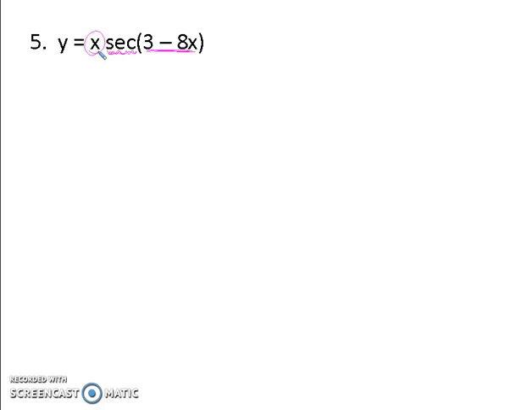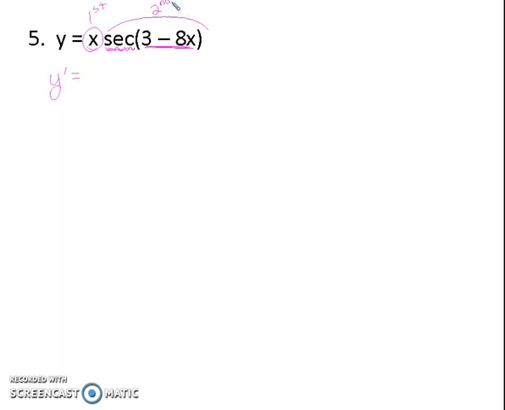So hopefully you remember from the product rule, the derivative is the first function. So this right here is my first function. All of this is my second function. So it's my first function, so it would be x, times the derivative of my second function. So here's where the chain rule comes in.